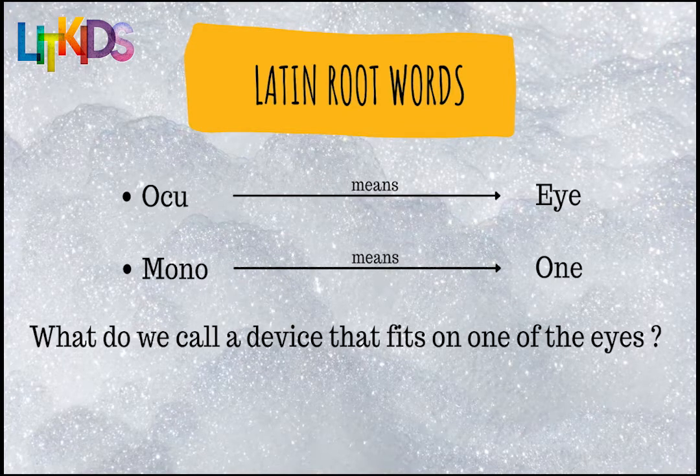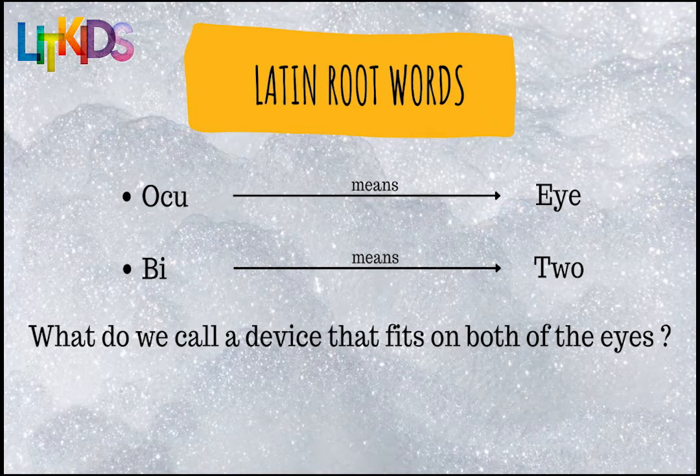Okay, now let's try a little bit of a game. If I tell you that the Latin word for one is mono, what do we call a device that fits on one of your eyes? That comes from this word mono and the word for eye. The word is monocle, M-O-N-O-C-L-E.